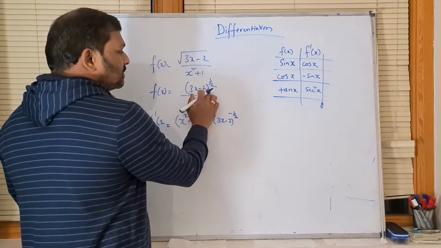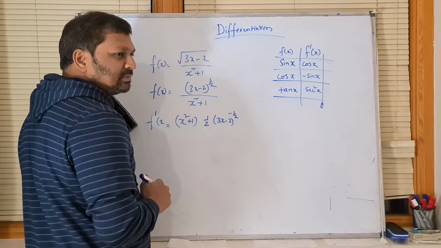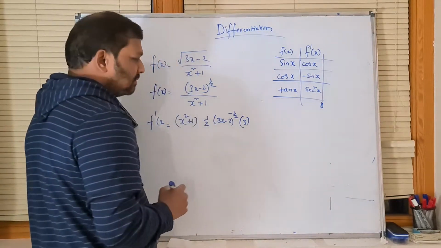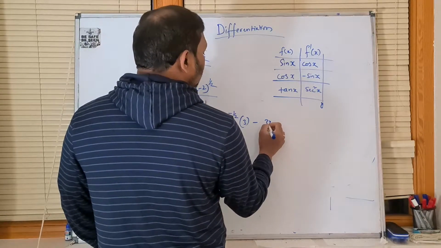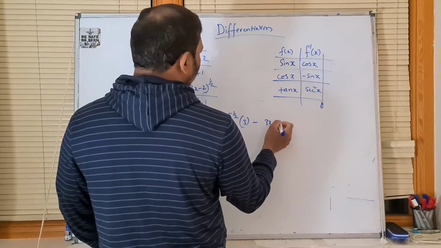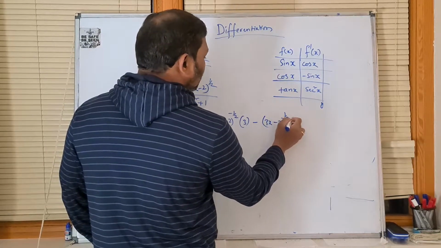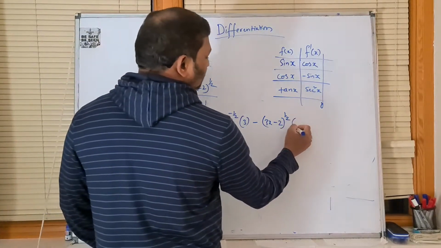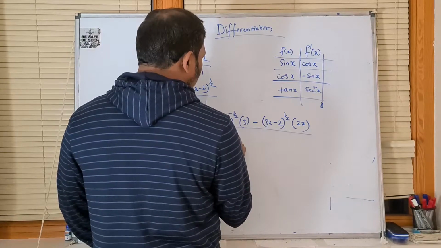So you did this differentiation, and the inner part also you have to differentiate, which is 3. Don't leave it like that. So 3 times this whole thing, 3x minus 2 to the power minus 1 by 2. You can put it under a square root because it's easier, but if you want, you can still do it. Then minus the differentiation of x square plus 1, which is 2x, by x square plus 1 whole square.